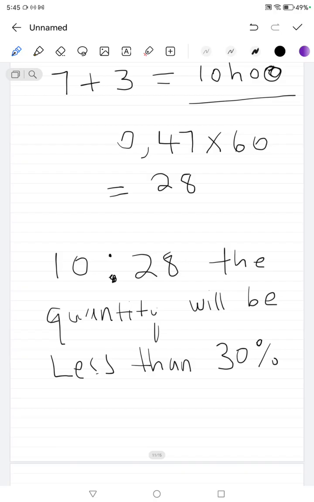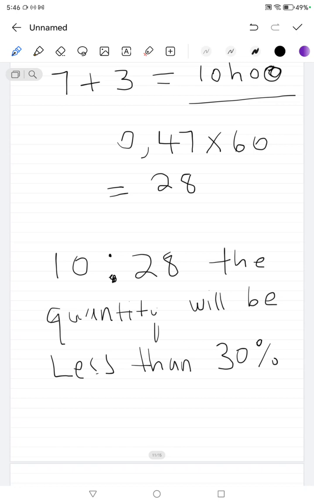So after exactly 10:28, meaning you can say 10:29, that's when the quantity in your body is going to drop below the 30% that they are referring to.